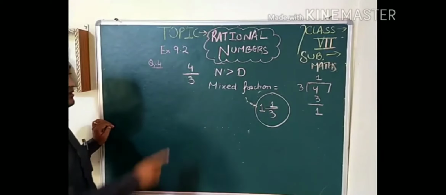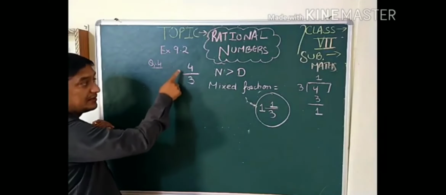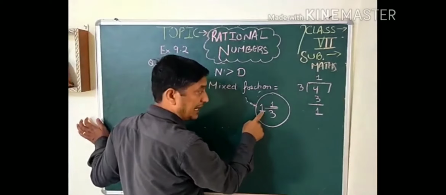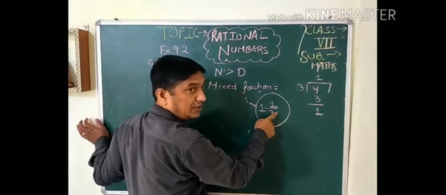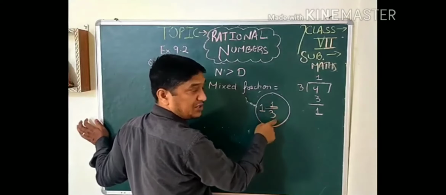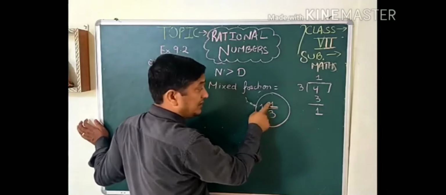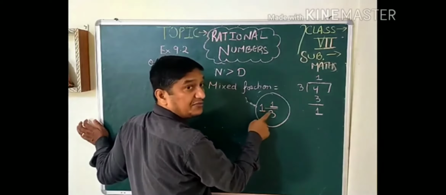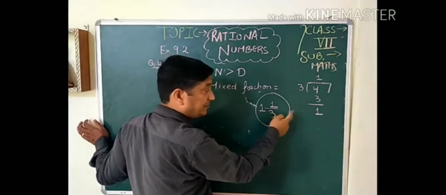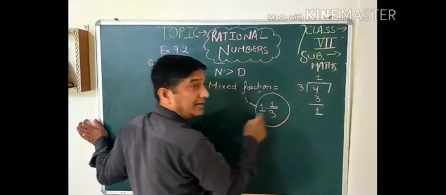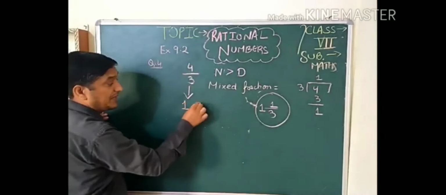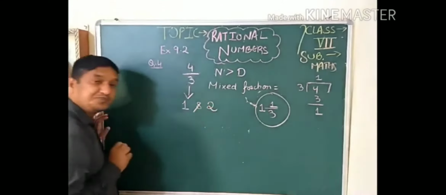Now children, this fraction 4 by 3 lies after 1, because 1 is the whole number and this is a proper fraction, where the numerator is smaller than the denominator. So it lies after 1 and before 2, in between 1 and 2. So this rational number lies between 1 and 2.